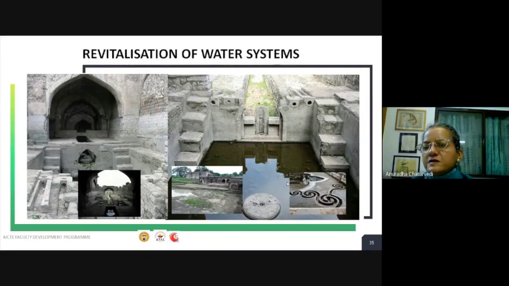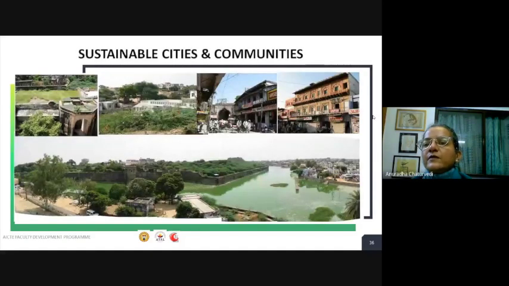So the revitalization of such heritage resources would help in contributing to sustainable development goal 4, which is related to quality education, to ensuring better health and well-being also to the communities who reside in the vicinity of such sites, and many of the other sustainable development goals.